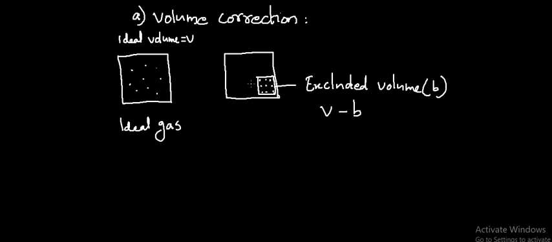Then for n moles of the gas, the corrected volume is V − nb, where b is termed the excluded volume, which is constant and characteristic for each gas.